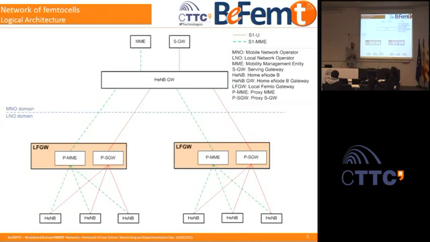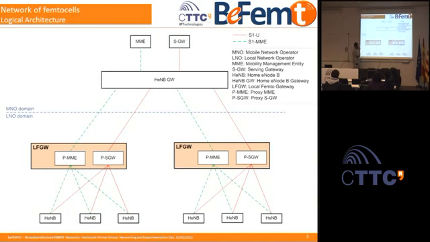You may be interested in deploying a lot of femtocells, but you don't want all these femtocells, for each of the signaling messages for handoff or whatever, to reach always the core. So you want to constrain both the control and the data plane traffic, if possible, to the networks of femtocells. So you introduce this new entity, the local femto gateway.